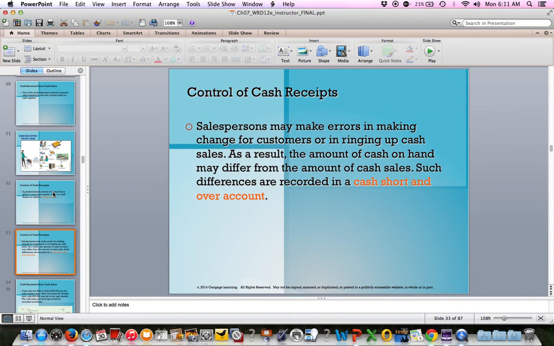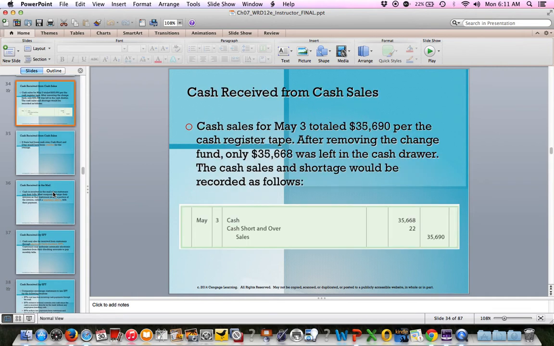I counted it at the end of a shift. A supervisor did the same count. We both initialed the document, so we each came up with the same dollar amount. And then we compared that to the amount of sales, and occasionally they'd be a little bit different. Maybe if I gave bad change or whatever it was, and that's the cash short and over account that you just kind of use to account for those differences.